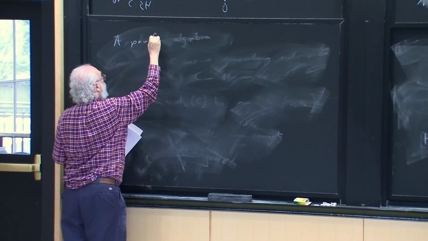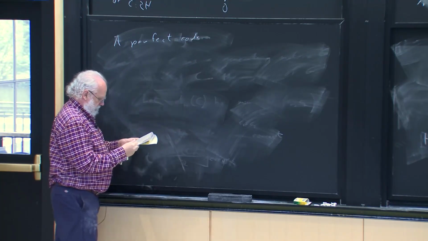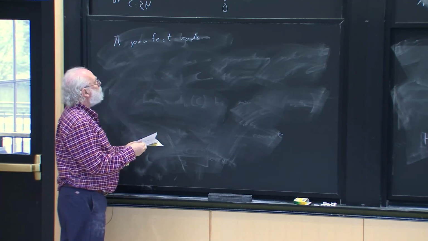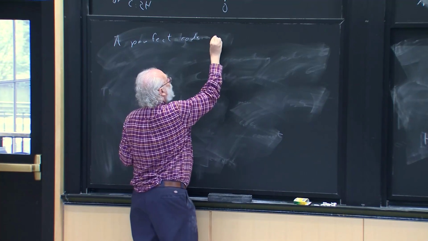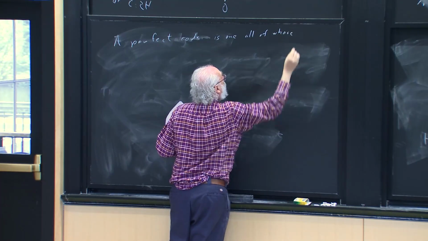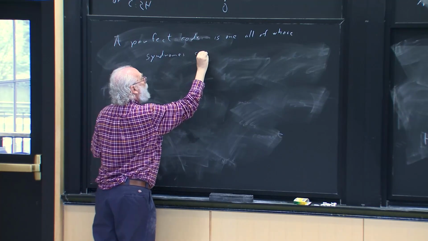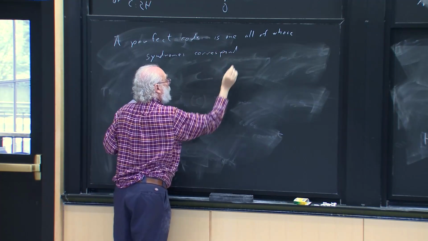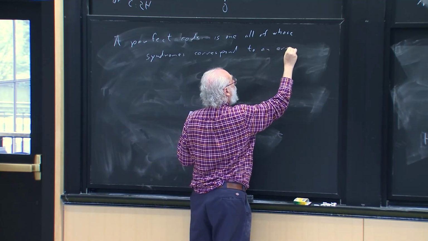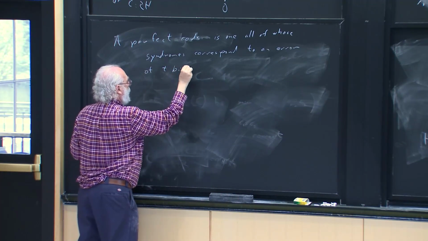A perfect code is one all of whose syndromes correspond to an error of t bits or fewer.